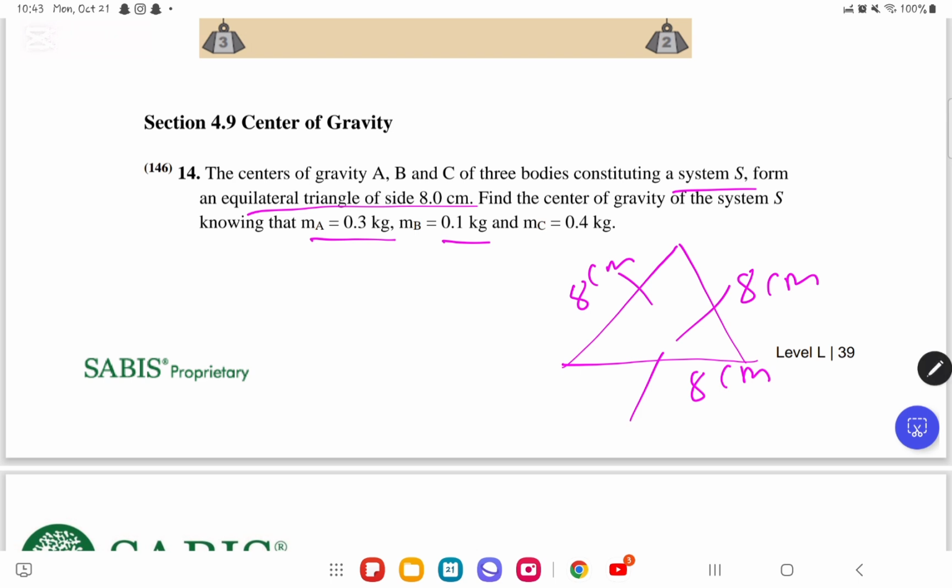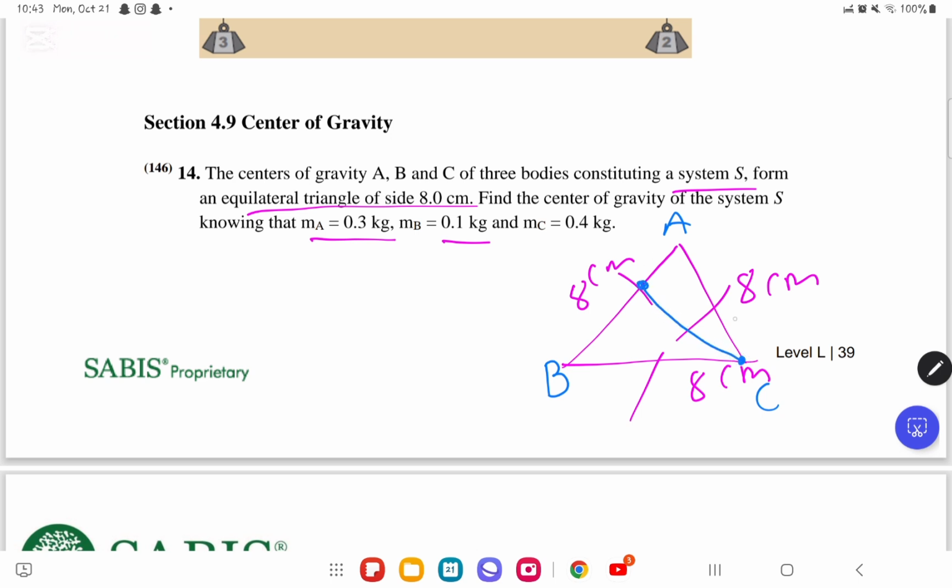So the very first thing we're gonna do is find the center of gravity. Let's call this A, B, C. Let's say we have a lamina, for example.